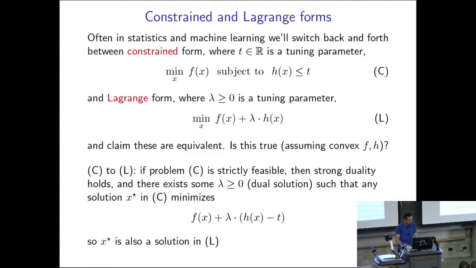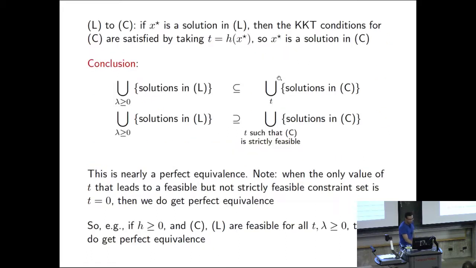And going the other way around, well, if we have a solution to this problem, we want to claim that it's a solution to this problem. So this was C to L. Now we're going to go L to C. To do that, we're going to take x star, which is a solution in the Lagrange form problem.